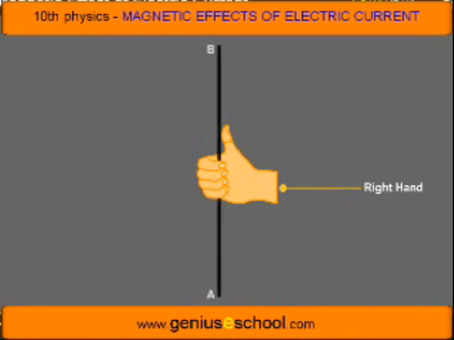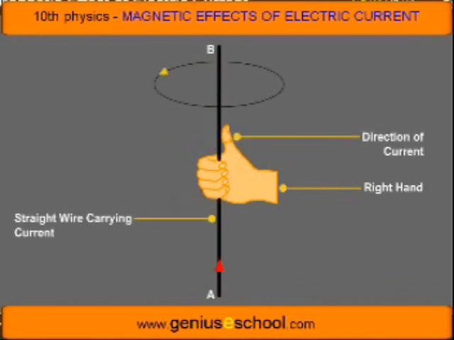A current carrying wire AB in which the current is flowing vertically upwards from A to B. To find out the direction of magnetic field lines produced by this current, we imagine the wire AB to be held in our right hand as shown in the figure, so that our thumb points in the direction of current towards B. Now, the direction in which our fingers are folded gives the direction of magnetic field lines.